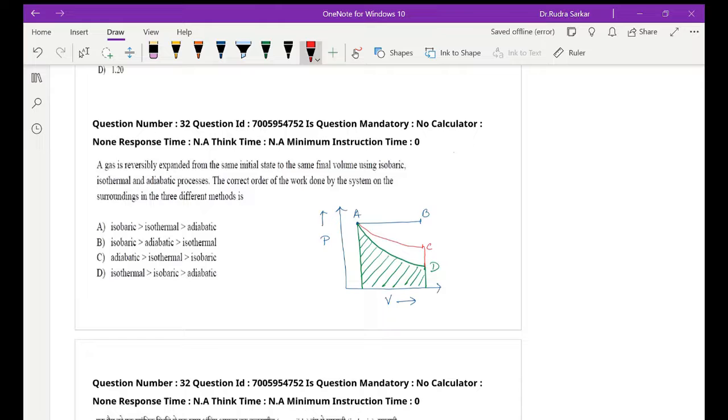Now the area including the adiabatic work and also the shaded portion under the AC line, this total part we can say is the isothermal work, and similarly for the isobaric part, the total area which I am shading over here is the work done by the isobaric process. That way we can say isobaric work is going to be more than the isothermal, which is going to be more than the adiabatic. So the correct answer over here is going to be A.